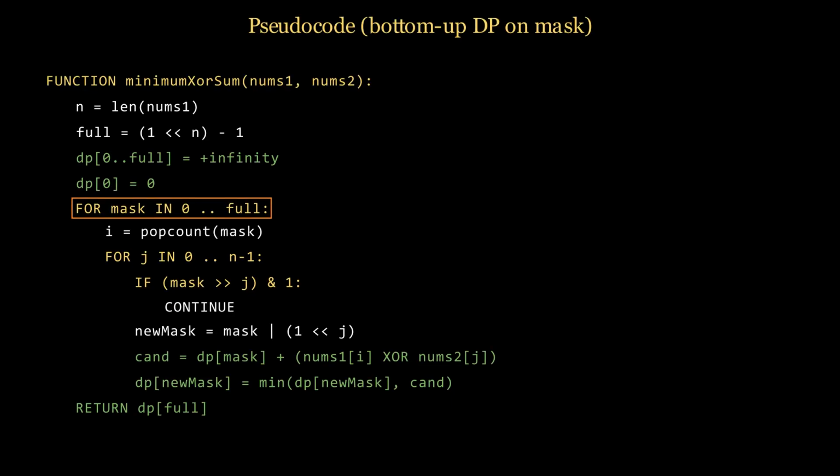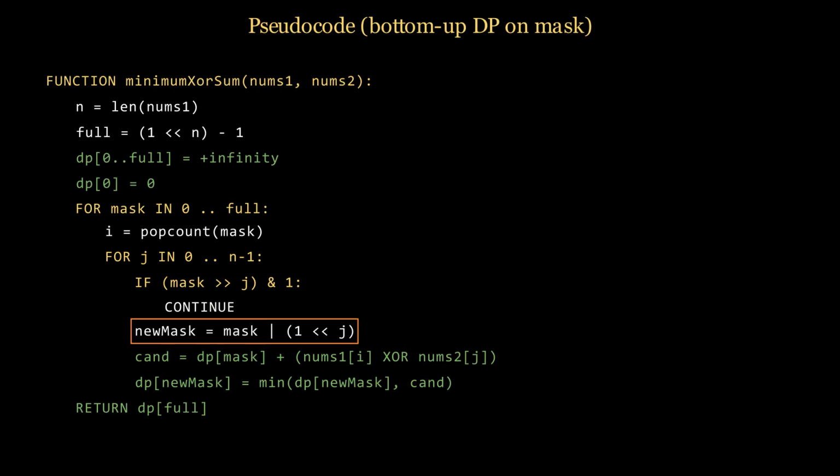Loop mask from 0 through full, forward order. Let i equal popcount of mask, the next nums1 slot. Inner loop over j from 0 to n-1. If bit j is already set in mask, nums2[j] is already used. Continue to the next j.